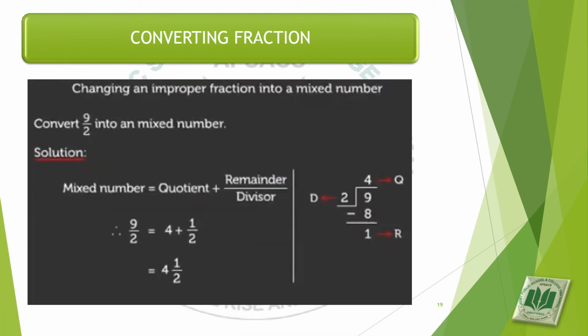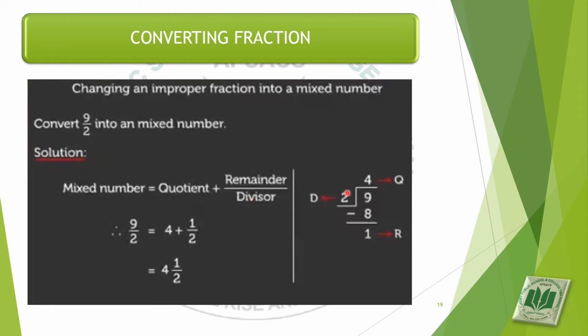Now we will discuss how to convert an improper fraction into a mixed number. For converting an improper fraction into a mixed number, we will use the method which is mixed number equals quotient plus remainder divided by divisor.